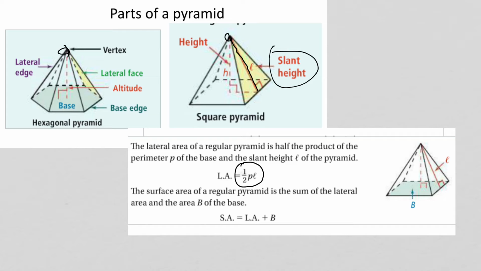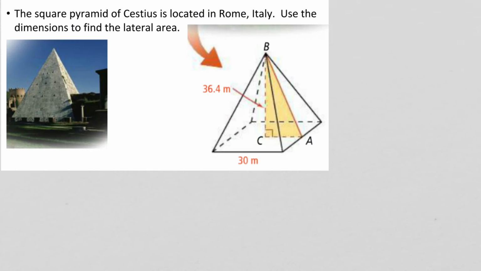The total surface area is the lateral area, so 1/2 PL, plus B, which stands for whatever the base is of the pyramid. In this picture, it's a square base, and we know a square base area is just side times side.